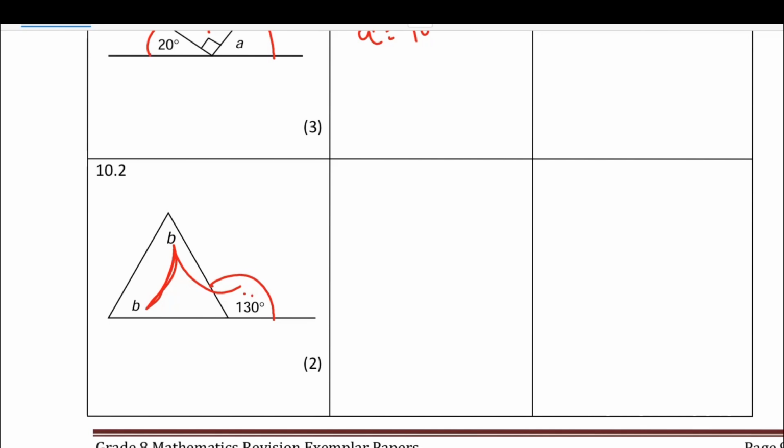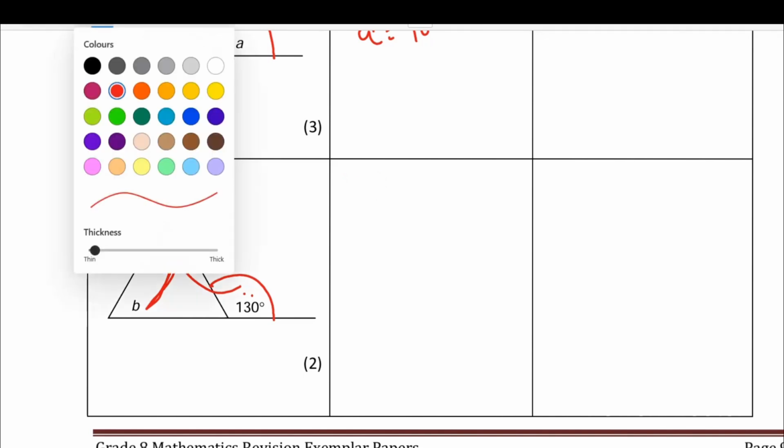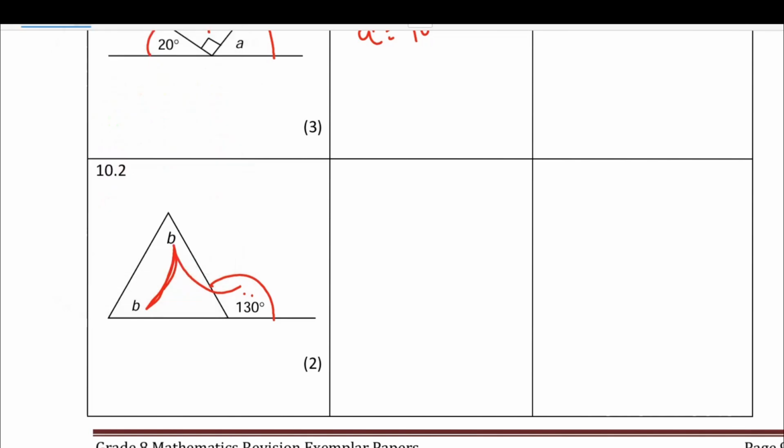So the statement is going to be B plus B equals 130 degrees. Oh, sorry, let me mirror. So guys, sorry for that.